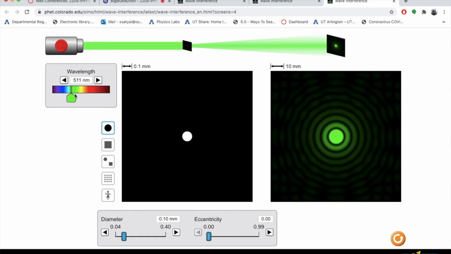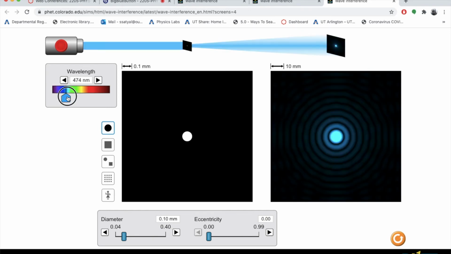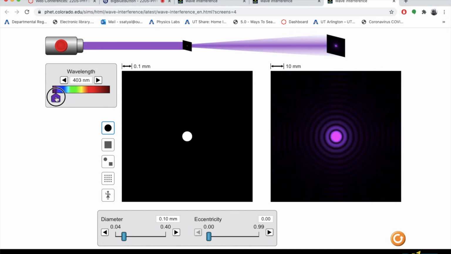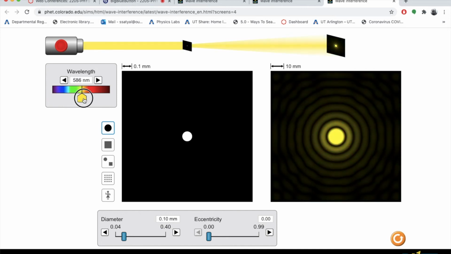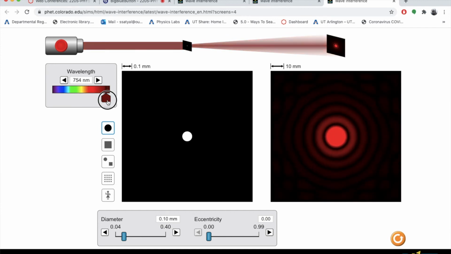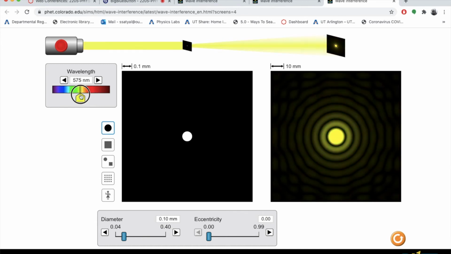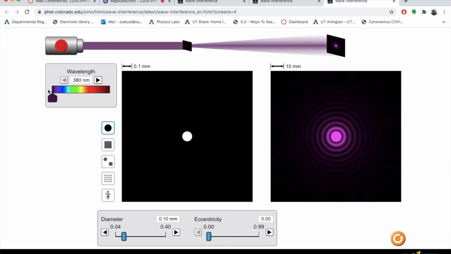Once you turn on the light, you can pick your color, or you can pick your wavelength. See what happens when you increase the wavelength and decrease the, sorry, this is you increasing the wavelength. As you decrease the wavelength, see what happens to your fringes.